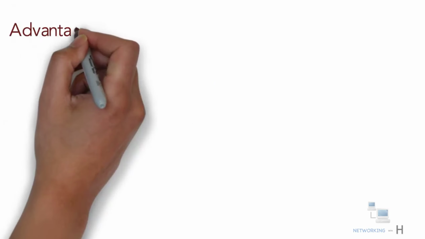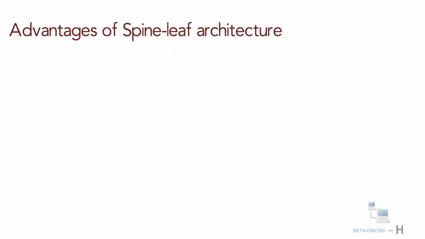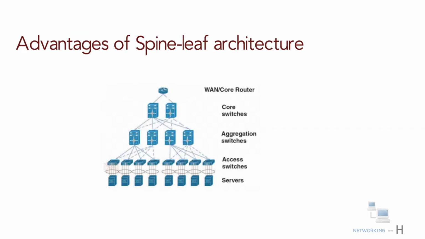Let's look at some of the advantages or the characteristics of the leaf spine architecture. While in a three-tier network, one server may need to traverse a hierarchical path through two aggregation switches and one core switch to communicate with another server, which adds latency and creates traffic bottlenecks.